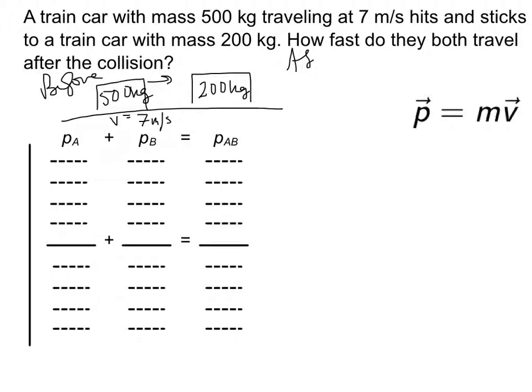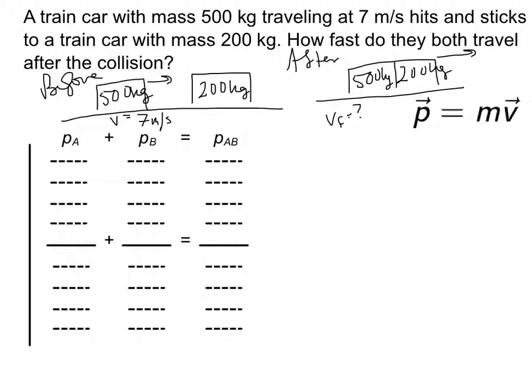After, now the two train cars are stuck together. One has a mass of 500 kilograms, the other still has a mass of 200 kilograms, but they're moving this way, and their final velocity, we don't know that yet. So, step 1 complete. Step 2, fill in our bar chart.